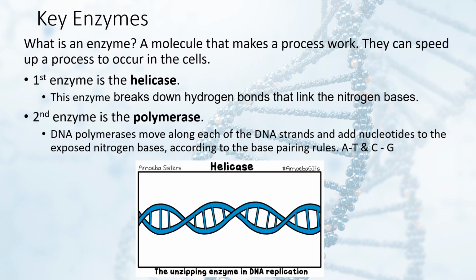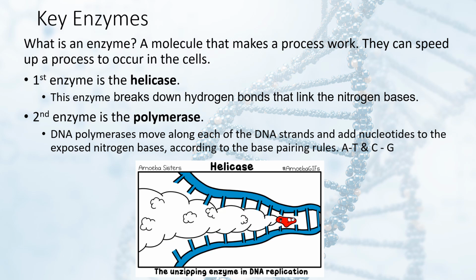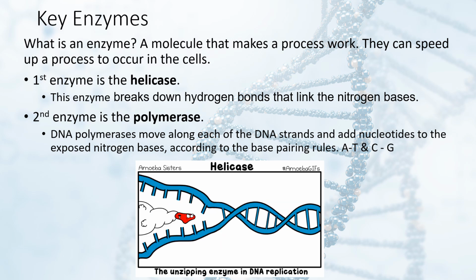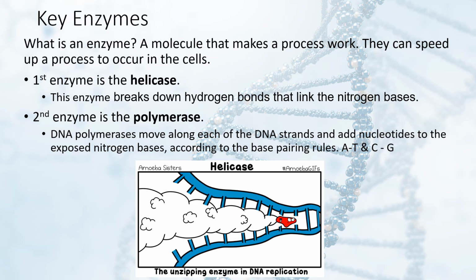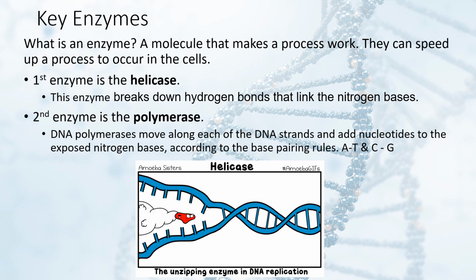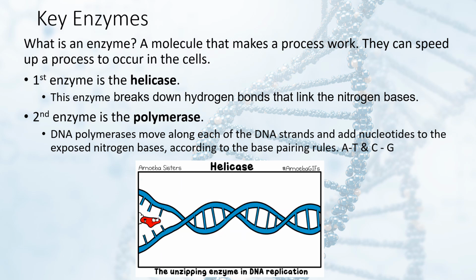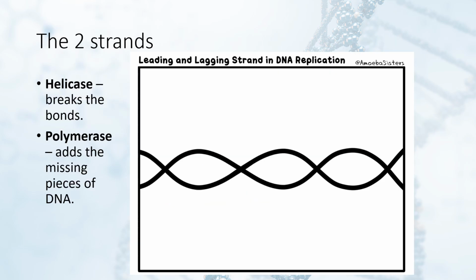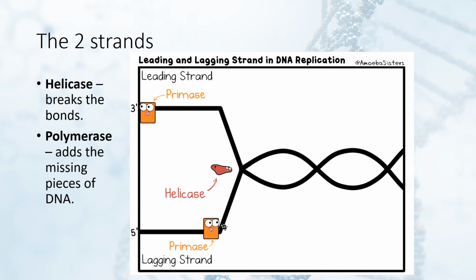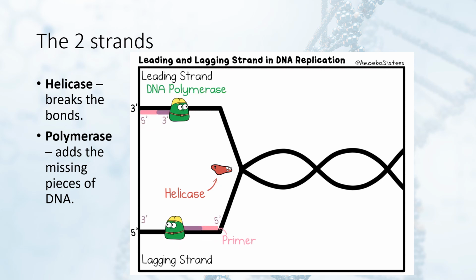The second enzyme is going to be called the polymerase, DNA polymerase. They move along the DNA strands and they add nucleotides to the exposed nitrogen bases according to the base pairing rules, A to T and C to G. This is another animation that is pretty interesting, and it does show the helicase breaking the hydrogen bonds.